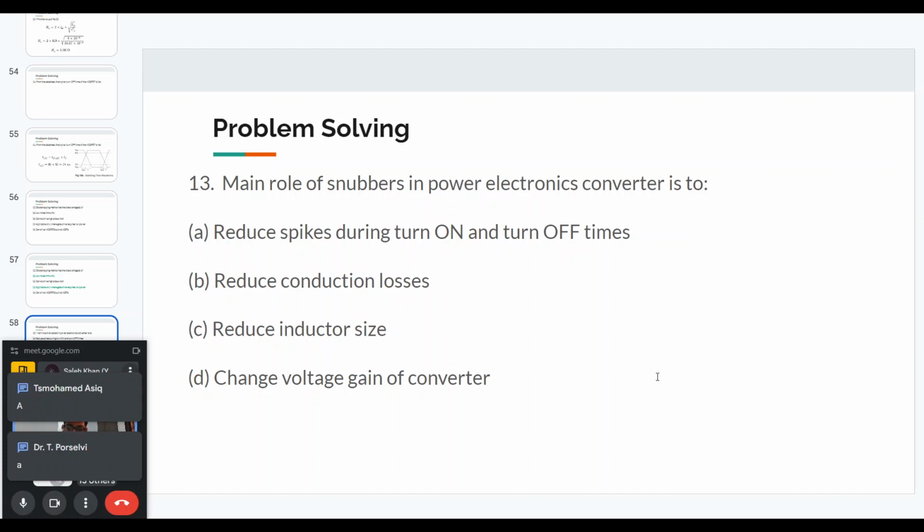The snubber cannot change the conduction losses. It cannot really change the inductor size, and the voltage gain is usually not affected by the snubber or the RC snubber that we saw. So the answer to this one is only that it is used to reduce the spikes during turn on and turn off times.